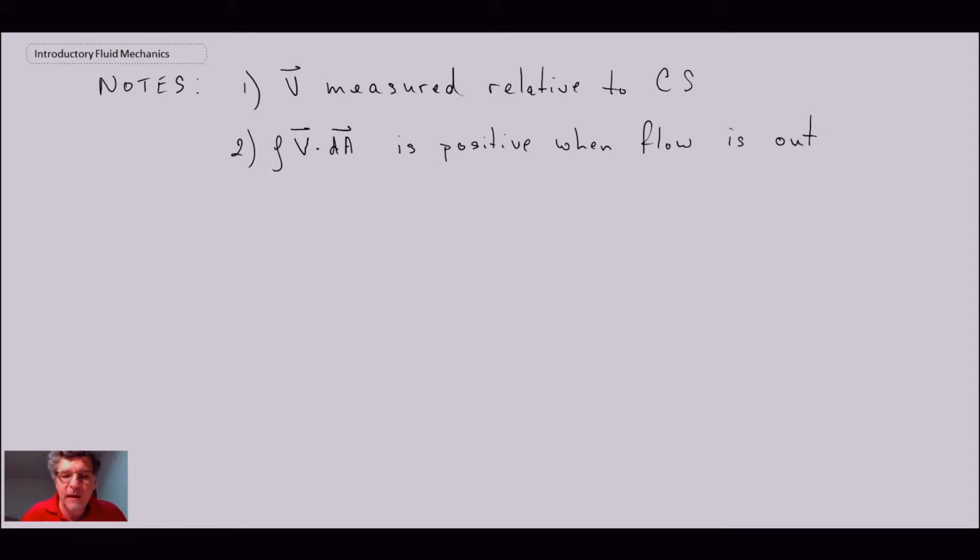And what we can say is that V dot dA, or rho V dot dA, is positive when the flow is out. And we have the dot product here, and so it makes sense in terms of the math of the dot product. But let's say this is our surface, and we have our area vector dA being normal to the surface. And let's say we have some velocity vector V here that is not parallel.